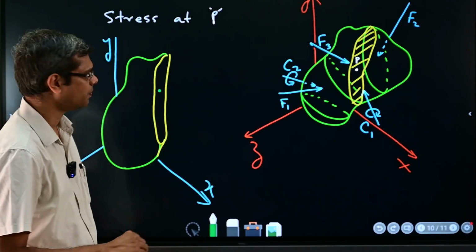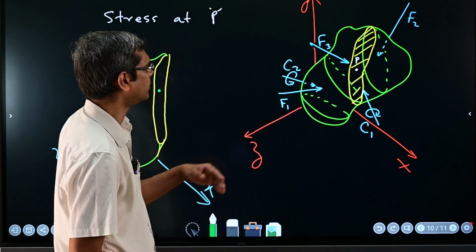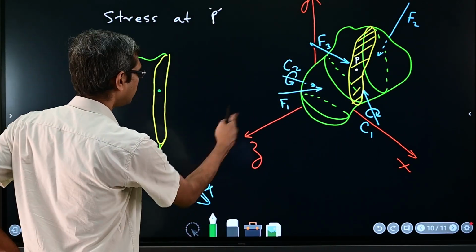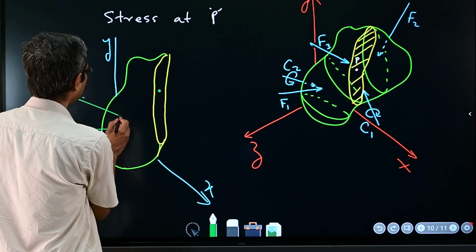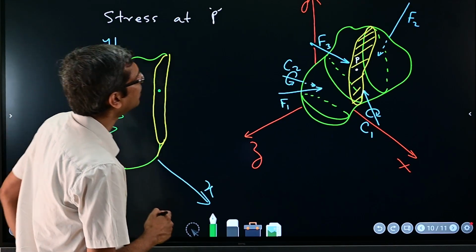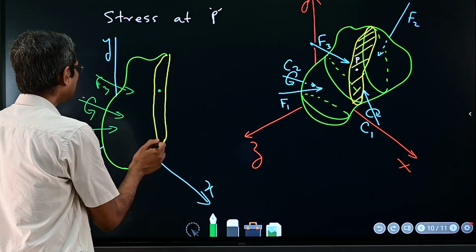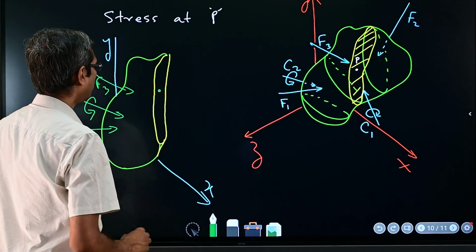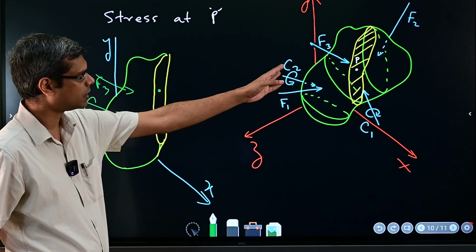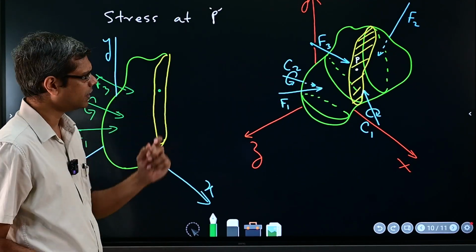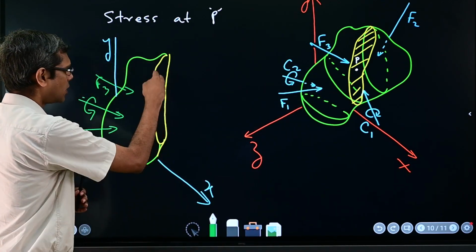What we will do, because these forces are now not in the picture: this F1 is here, this C2 is here, F3 is also here, all those are there. But F2 and C1 are not there because we have thrown away the right-hand side part. Their effect must be taken into account here.